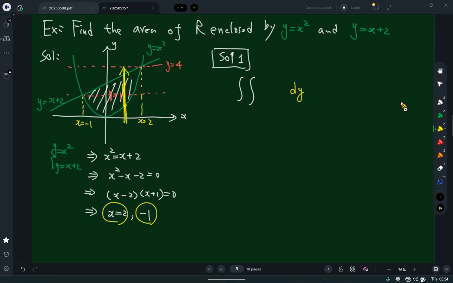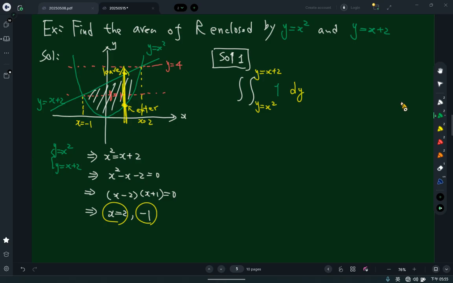Then we need to find its enter point, which is, this is the enter point, this is the leaving point, right? So the enter point will be y is equal to x squared, and the leaving point y is equal to x plus 2.